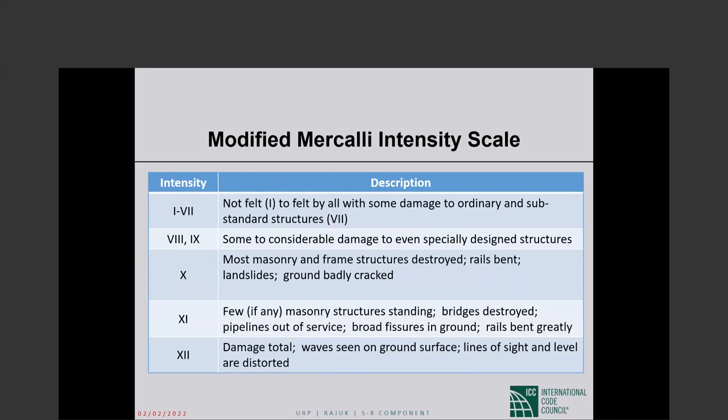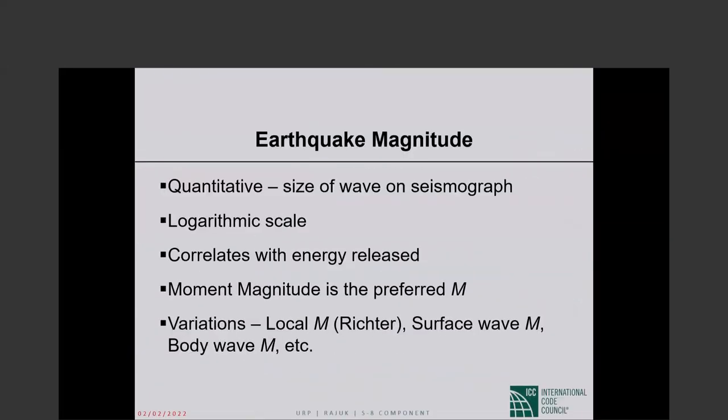So 1 through 12 is the modified Mercalli scale. From 7 or 8, you are looking at meaningful damage. When you are at 9 or 10, it is pretty serious business that you are talking about.